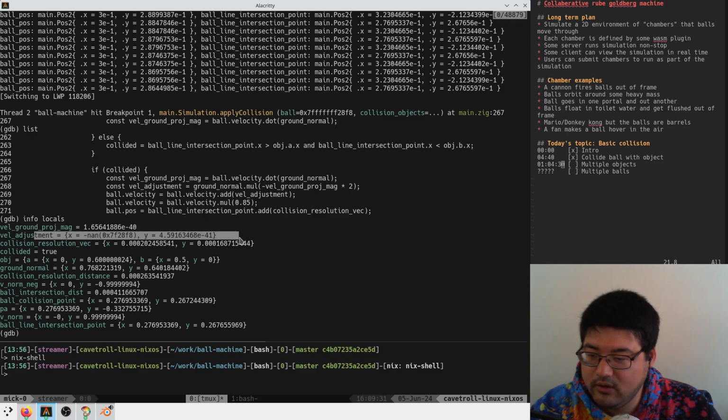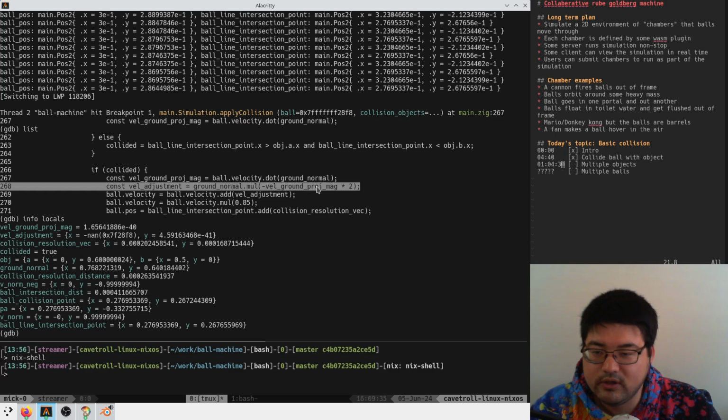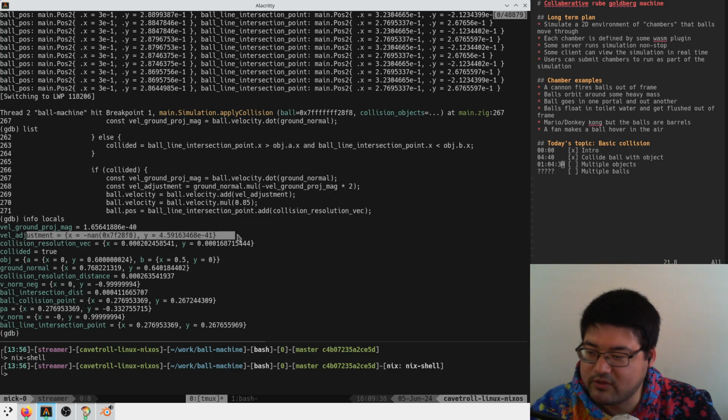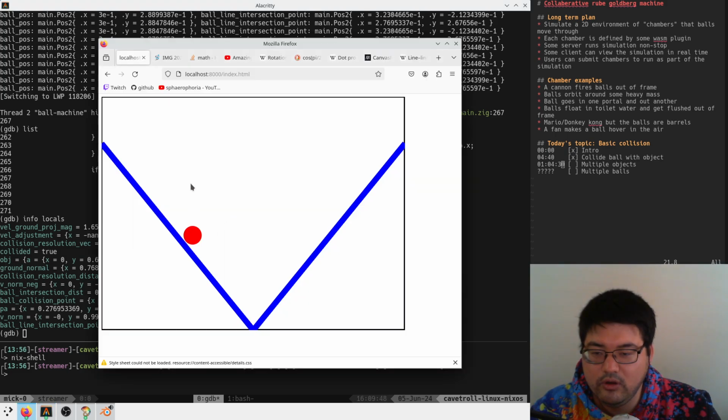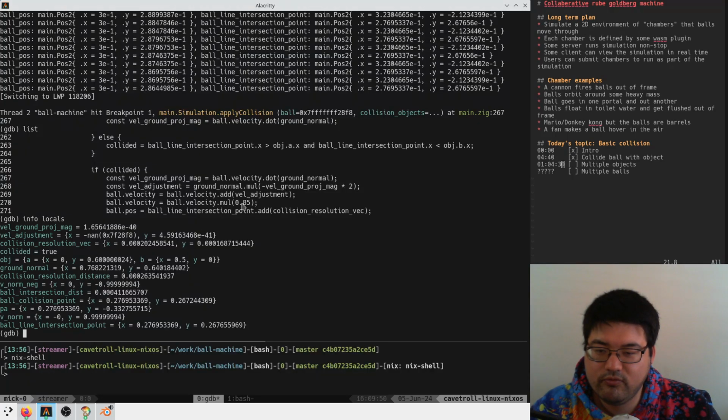Velocity adjustment is probably the problem here. The fact that there's a nan in velocity adjustment, which was coming from the velocity ground projection magnitude, which is the ball velocity dotted with the ground normal. Wait, so that's fine, is it not? Why is this? Oh, we haven't got there yet. That's why.